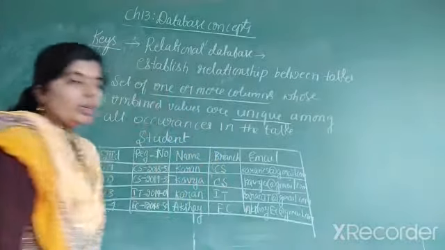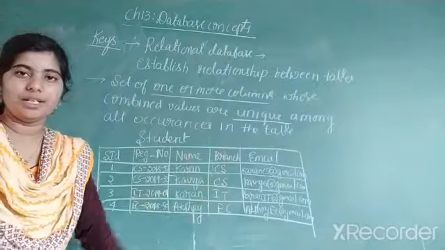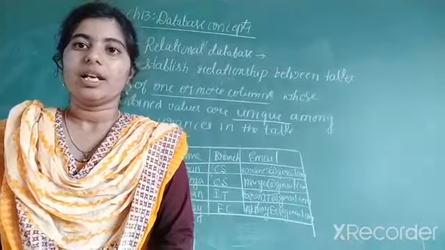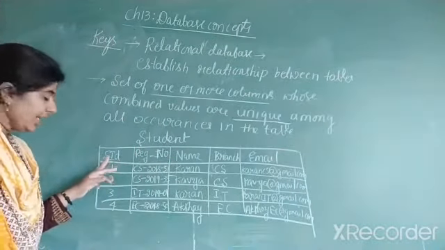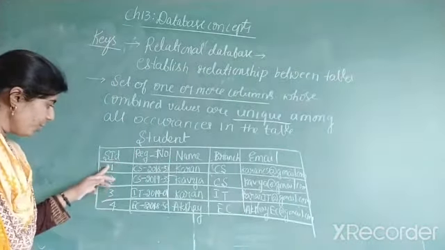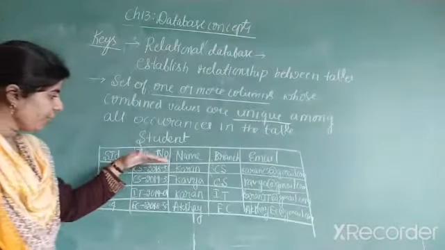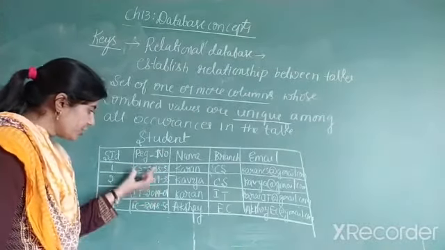Observe here. Now we have to identify which is a key in this table. Now observe here. When you consider the student ID, it is different for each row: 1, 2, 3, 4. And the registration number is also different for each student.